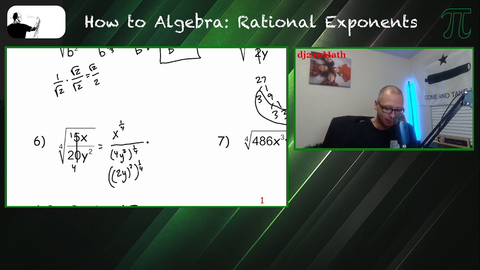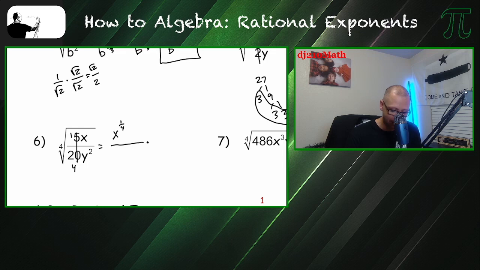When we have an exponent raised to an exponent, we can multiply. So really the exponent in the bottom is going to be 2 over 4, which is 1/2. So 2y to the 1/2 power. That's what's going to be here.